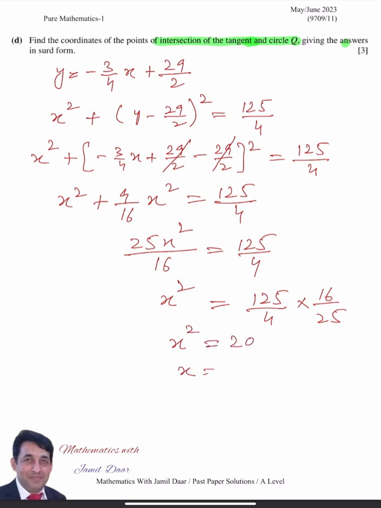So x is equal to plus minus square root of 20, which is 2 square root of 5.